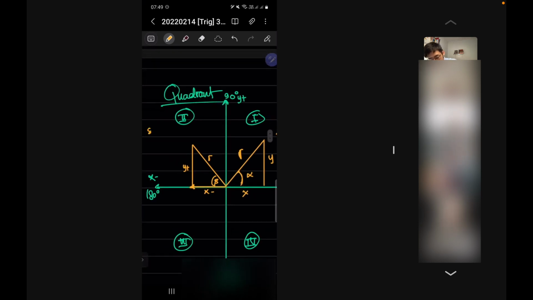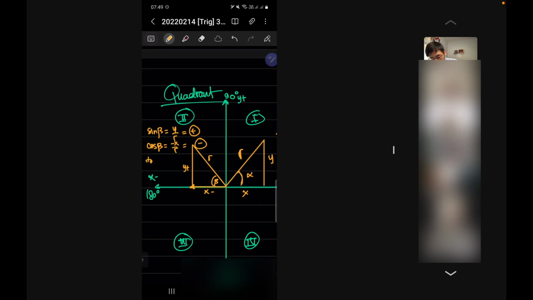So sin beta. You can continue Explore 5.1 along with me, and you can put your notes there as I'm doing this. Sin beta is y divided by r, y is positive, r is positive, so it's positive. And then cos beta is minus x divided by r, so it's minus.